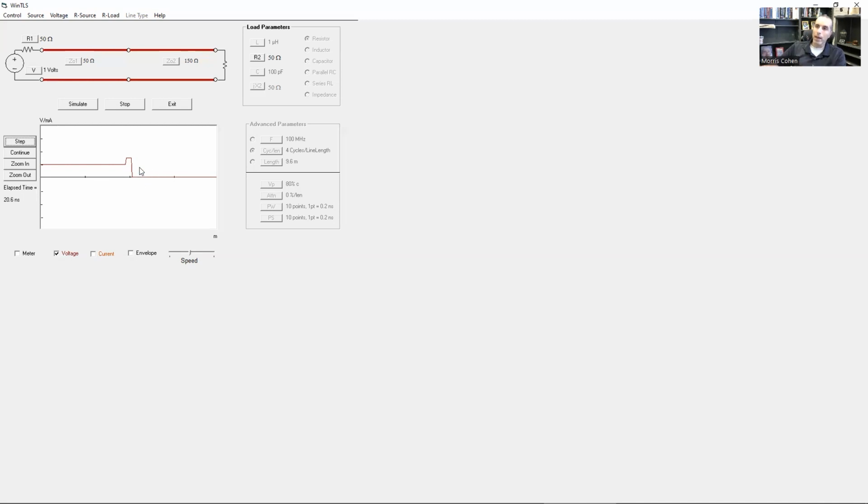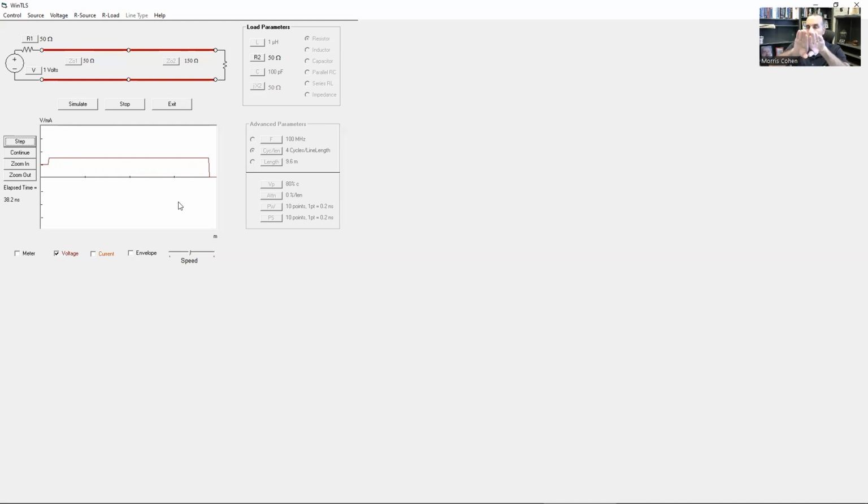It's the 1 volt, and it's the 1/2 volt and the 1/4 volt built on top of it. So the transmission coefficient 1.5 multiplied by the 1/2 volt that's coming in gives us 3/4. Let's see this again, and we'll carry the simulation on. I'm going to stop right there.